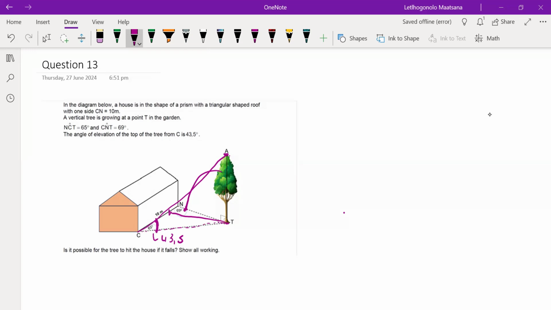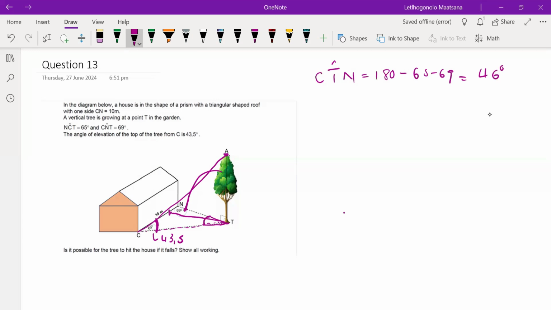So the first thing we're going to do is calculate this angle here, because we require it to use the sine formula. So the angle T in the triangle CNT is equal to 180 minus 65 minus 69, giving us 46.